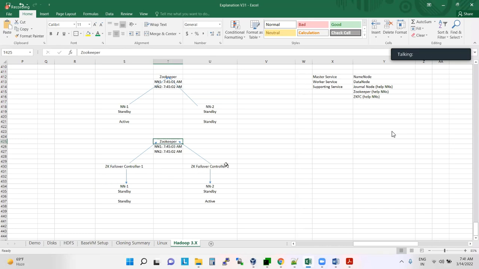Zookeeper failover controller 1 will send the heartbeat of Namenode 1 to Zookeeper, and failover controller 2 will send the heartbeat of Namenode 2 to Zookeeper. Even though the ZKFC is sending it, the health report is for the Namenode. So now, in this scenario, who will become active and who will become standby?